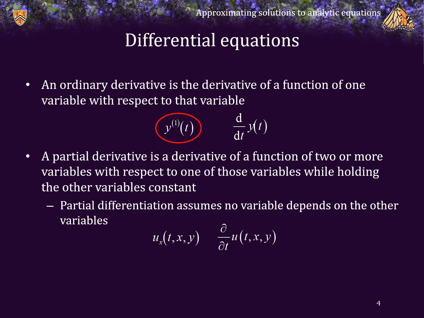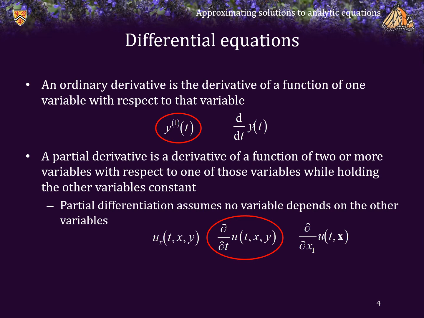Now, partial derivatives can be represented as follows. In the first case, we have a partial with respect to x of this function of three variables. On the right, we have a partial with respect to t of the same function of three variables. In this course, we're going to use this notation. Another notation may be as follows.